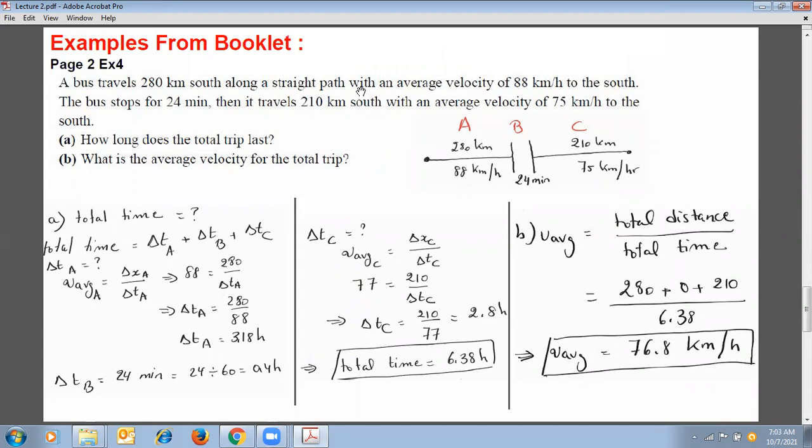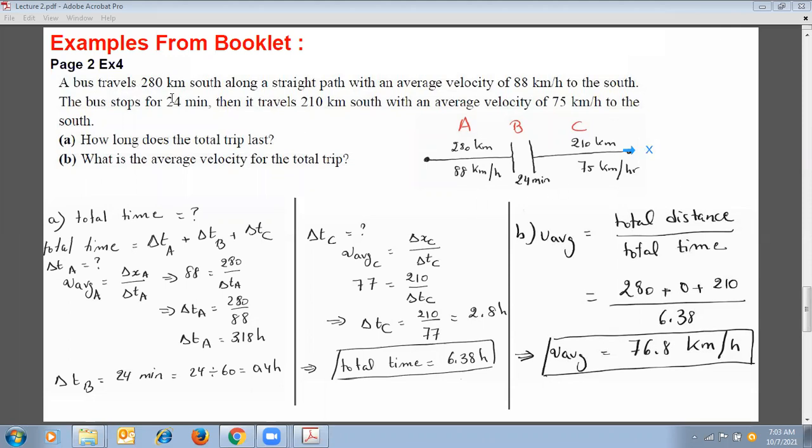So here I'm drawing the drawing, it's not really correct, but you understand what I mean. So here is the positive x-axis. Okay.